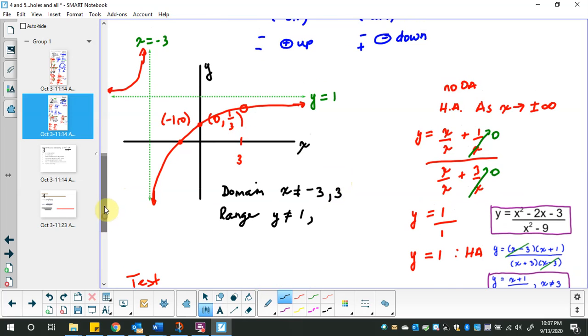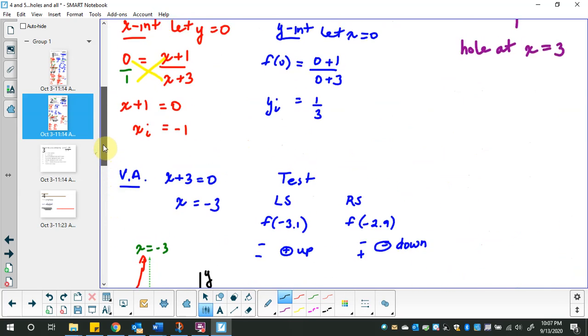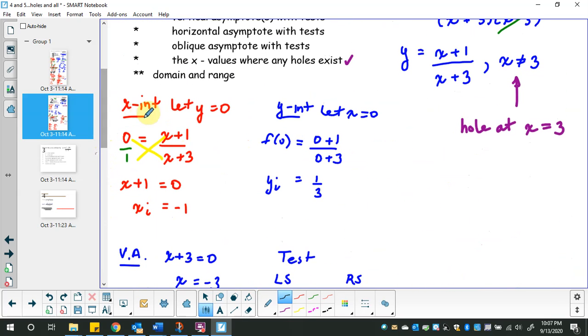So this is where I go back to the purple. And if you need to know what the y value of your hole is, you can take this 3 and put it back into the clean version of your rational.